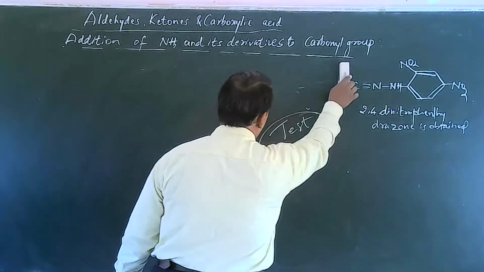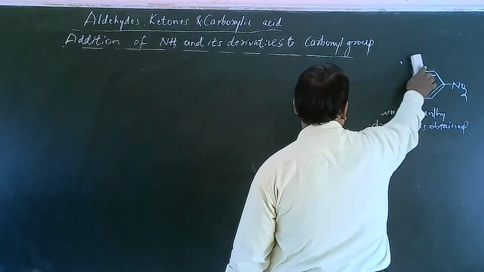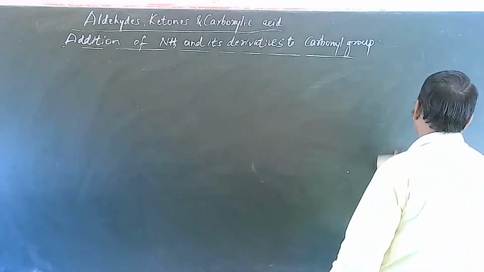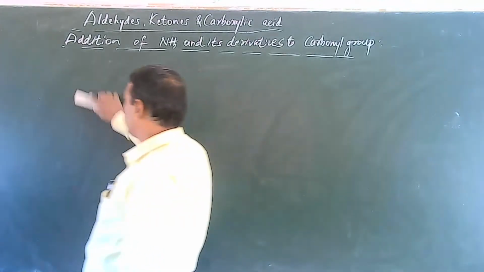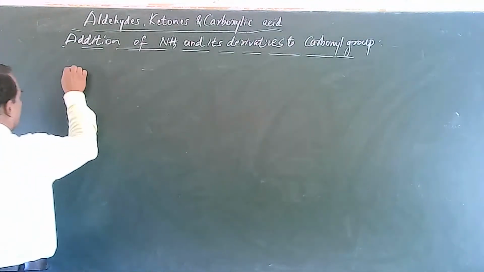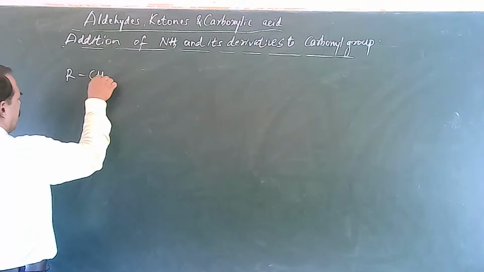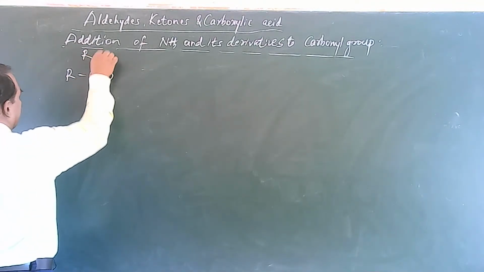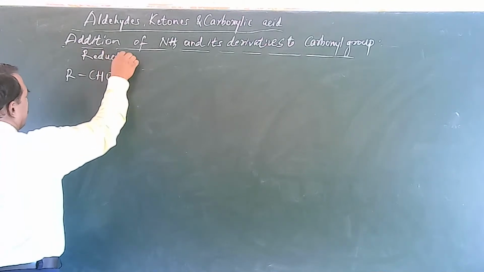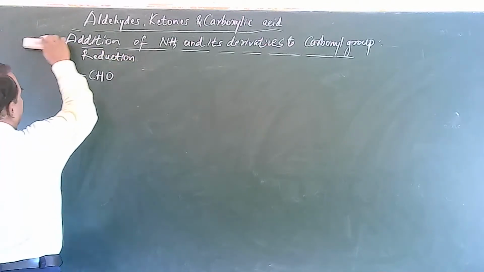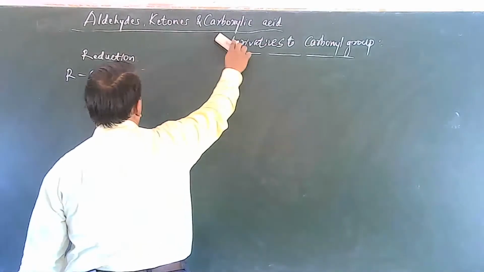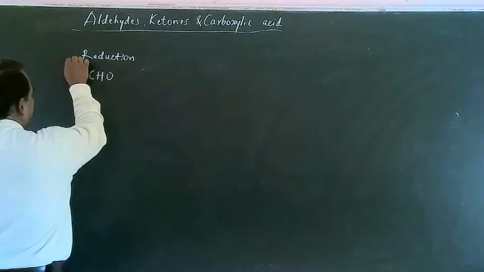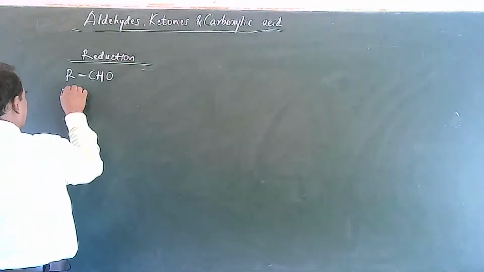Say, reduction reaction. An aldehyde, R CHO. So when we do the reduction reaction, we shall study it. See in reduction, this is an aldehyde.